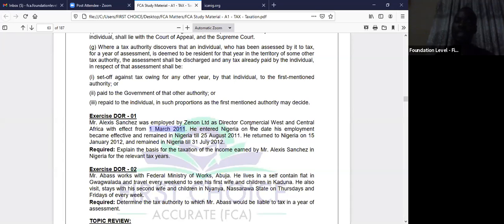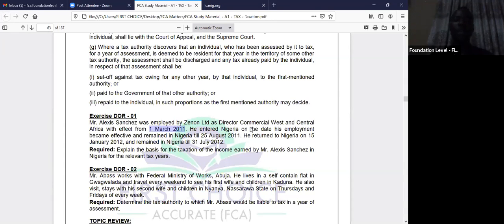That would have been the determinant. But now he is working. The question says he works with the Federal Ministry of Works in Abuja. That's employment income. So his tax authority will be where his office is, Abuja. So Abuja is where he is deemed to be resident.